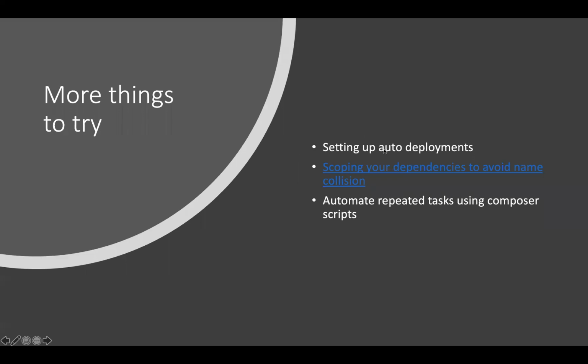As I said, you could set up auto deployments. That's one popular use case. Pretty much all my personal sites have auto deployments. So whenever I have to update a plugin or theme, I would first test it locally to make sure that it works, then update the version number in Composer, check it into Git, and then it will automatically deploy on my servers.